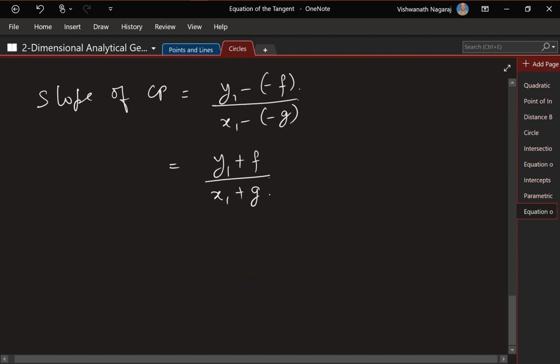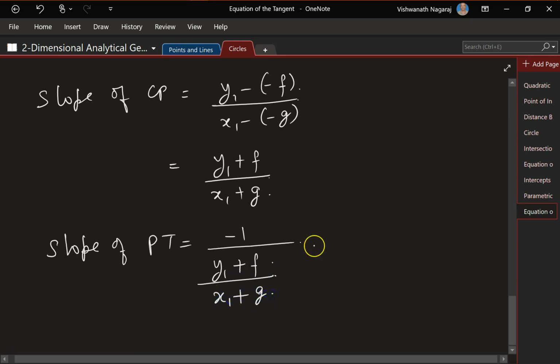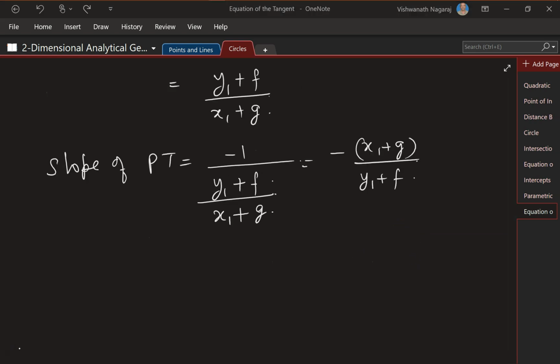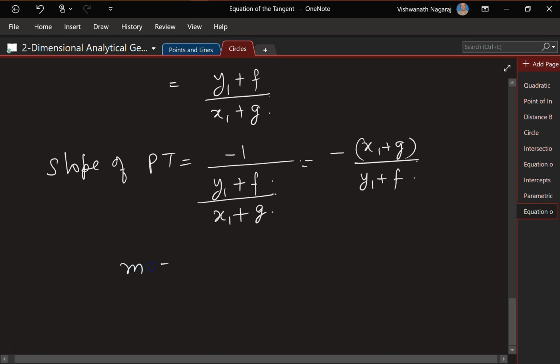Okay, we have got the slope of CP. Now let's substitute this in slope of PT equal to minus 1 by y1 plus f by x1 plus g, which is minus x1 plus g by y1 plus f. Let's say slope of PT is m. M is equal to minus x1 plus g by y1 plus f.